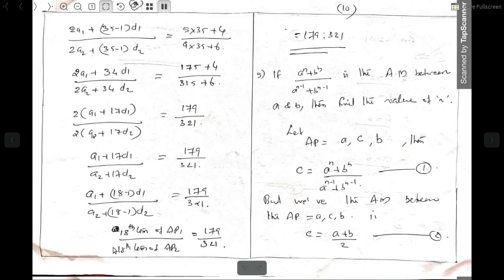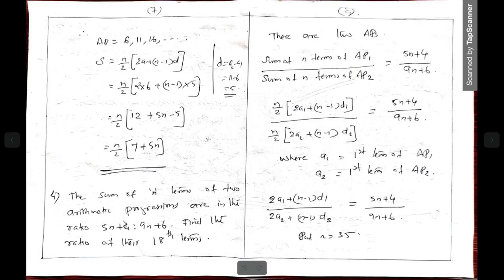So if n is equal to 35, we will get the ratio of the 18th term of the two APs, AP1 and AP2. If you are asked to find the 18th term, you assume double of 18, that is 36.